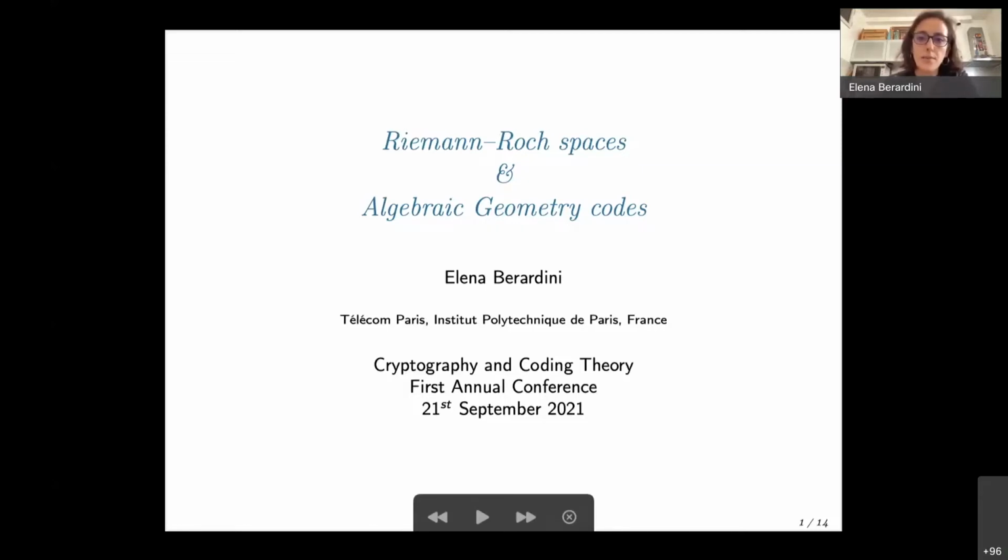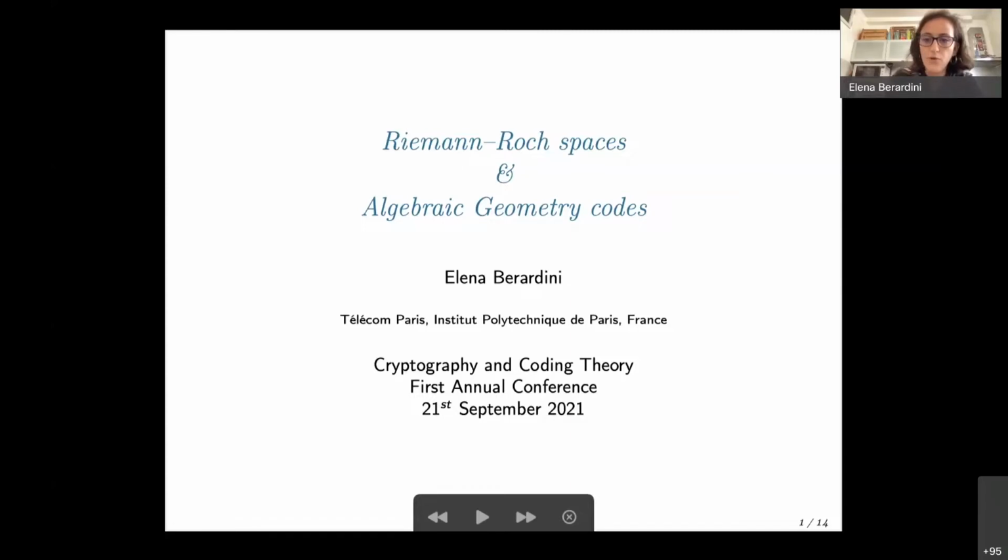First, Riemann-Roch spaces of curves, and how we can effectively compute these spaces, and so how we can then compute AG codes from curves. And then I will focus on Riemann-Roch spaces of surfaces, and how we can use these spaces and some tools from geometry in order to study AG codes from surfaces.